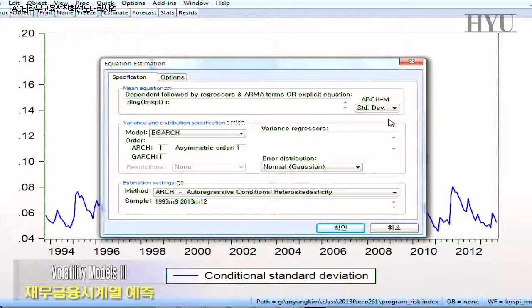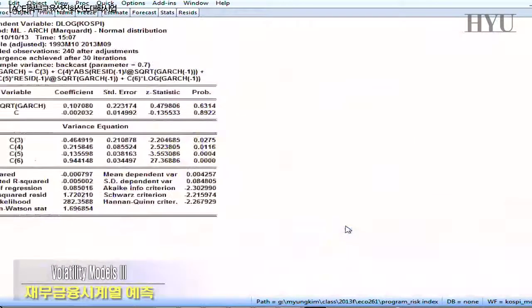Now you can set up the model where the sigma t calculated here may affect the return in the mean equation. By selecting ARCH in mean equation, you can use current sigma t as an explanatory variable, or sigma t squared, or log variance. So let's put this one in and see what happens.